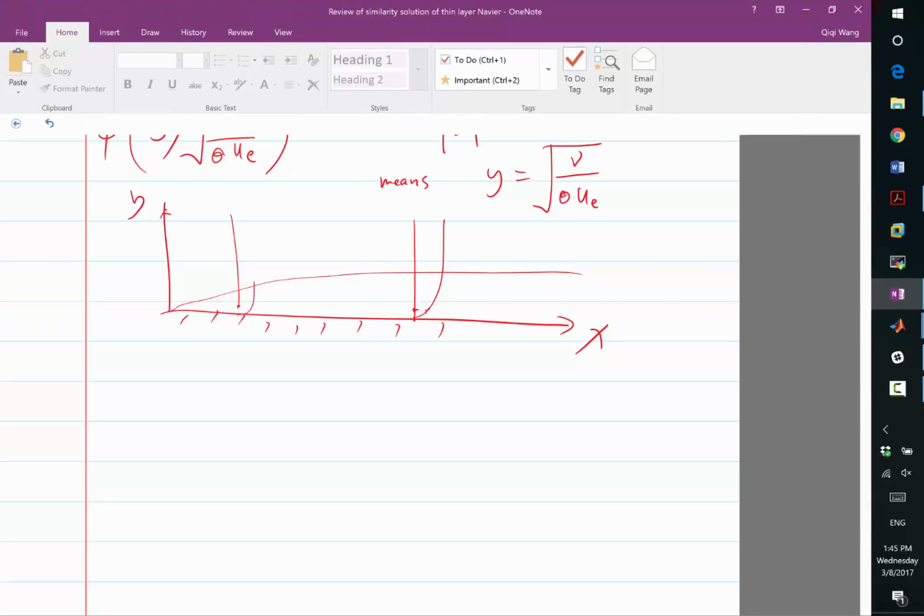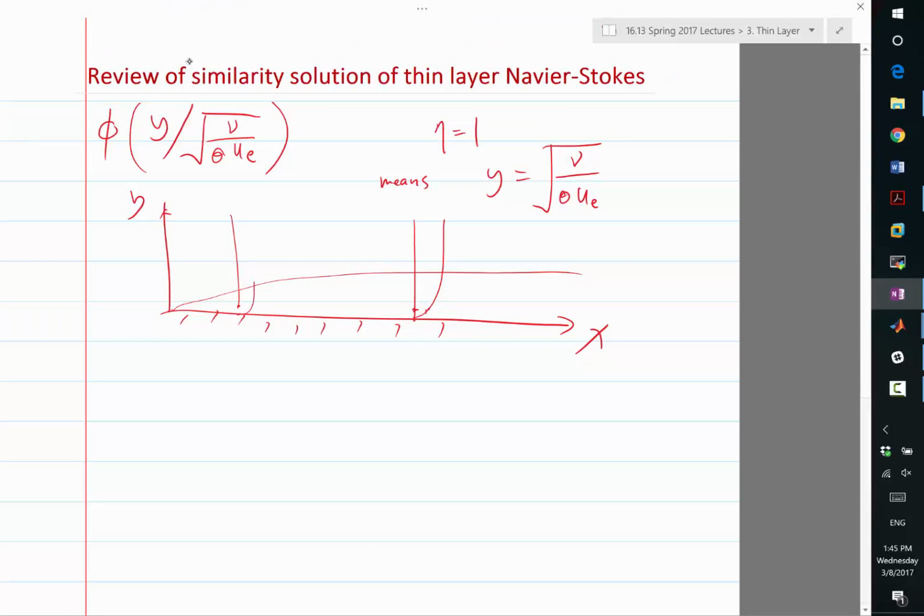So let's say I draw a line where this is the eta equal to 1 line. I actually know that this is the growth rate of y at eta equal to 1, it actually grows like that. Does it make sense?